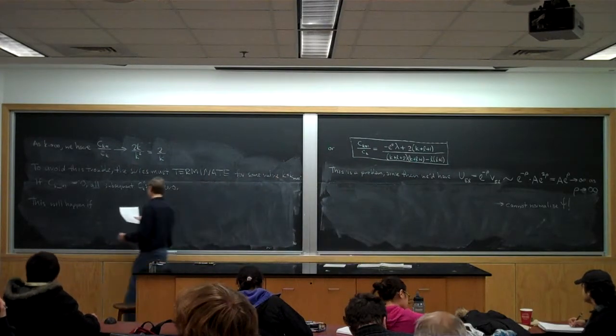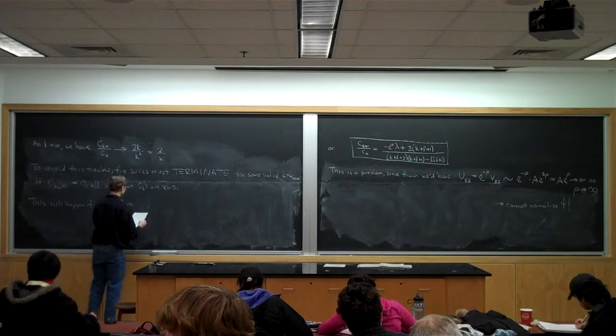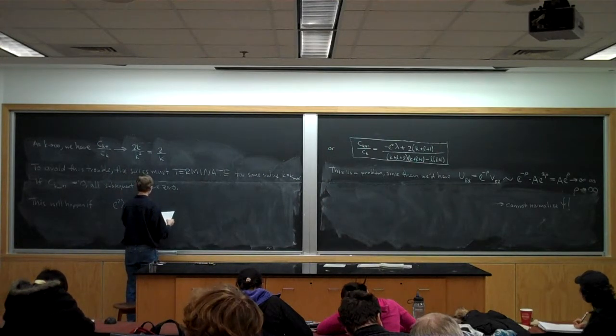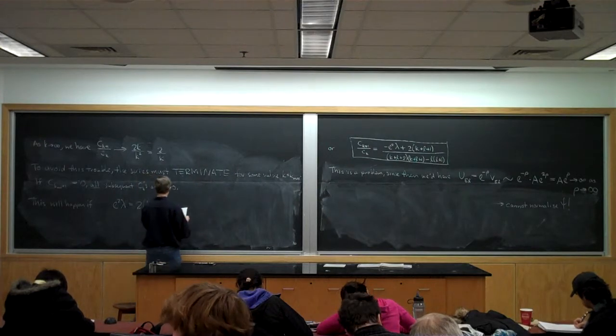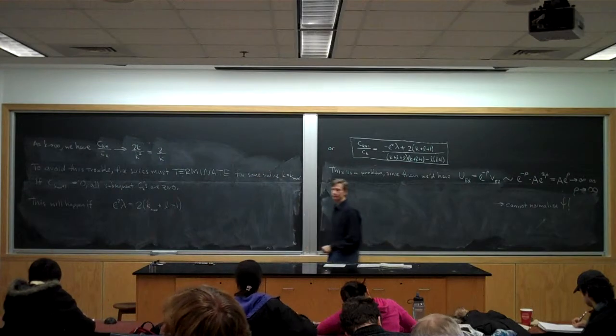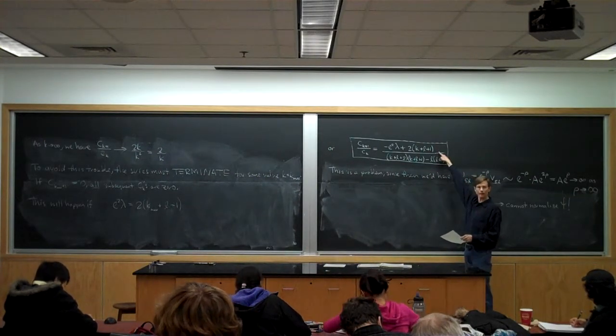This will happen if e squared lambda is equal to 2 times k max plus l plus 1. Because if that's true, then c_{k max plus 1} will be equal to 0.